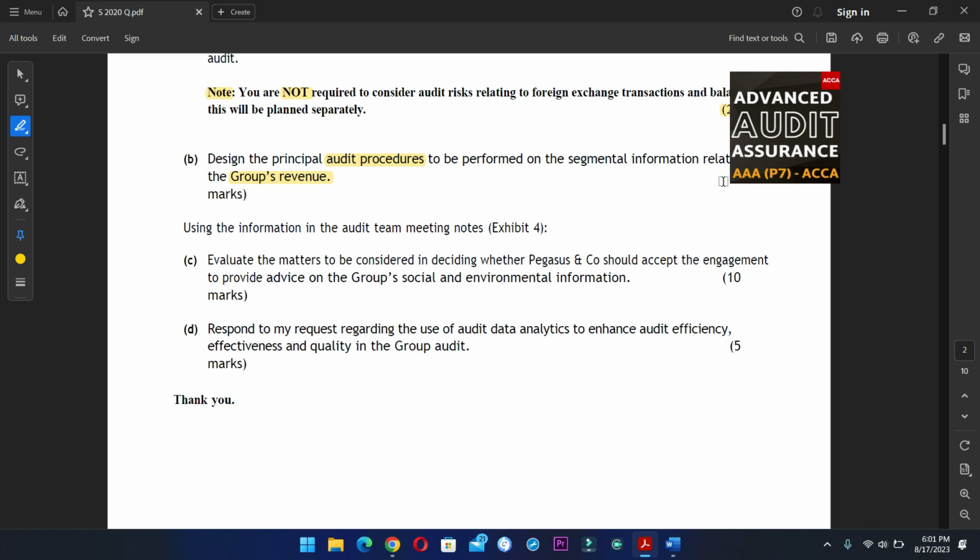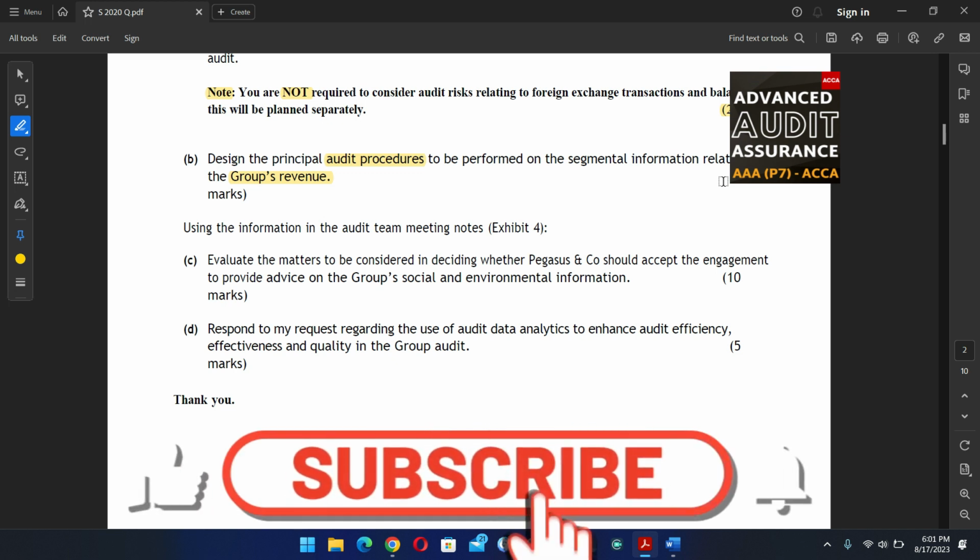Alright, now what are the common kinds of procedures that you can write down in your audit exam? First, easiest one, review, right? To review a particular document to find out some information. That information you need to describe in your procedure, which is the objective of reviewing that document, right? Then you recalculate.